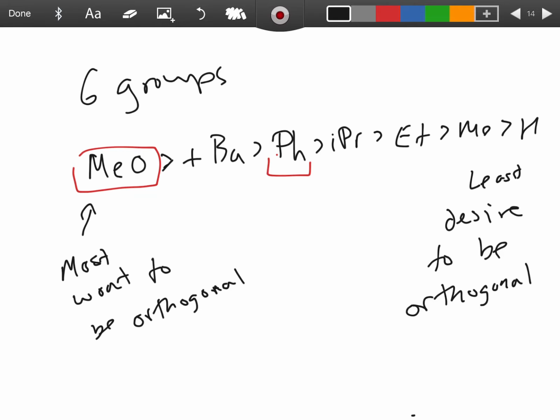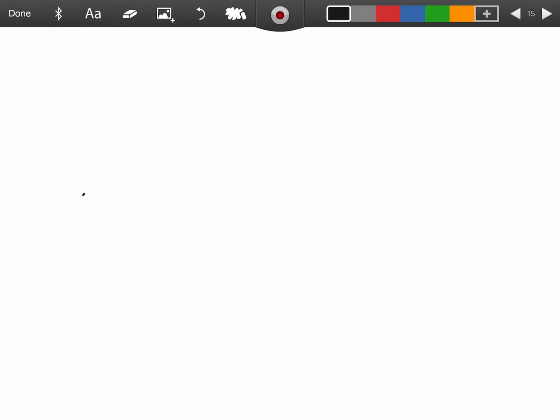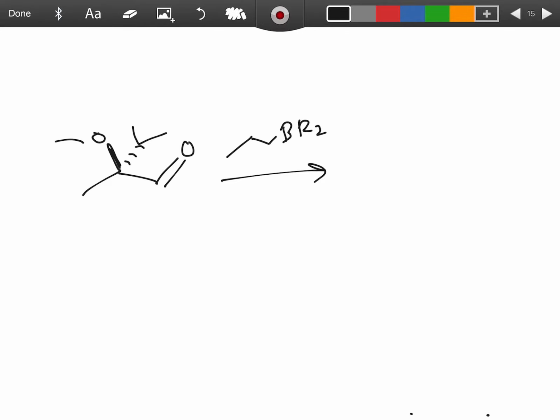So what you can do is, again, I have to think of something here. We'll use this generic boron reagent. We're not going to chelate.